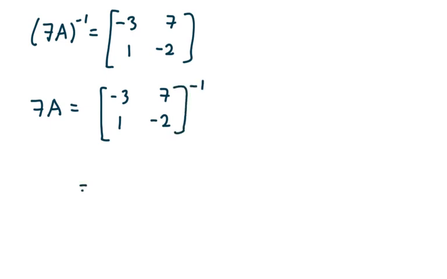And applying that formula, we get 1 over 6 minus 7, right? -3 times -2 is positive 6. 1 times 7 is 7. And then I'm going to write -2, -7, -1, -3.